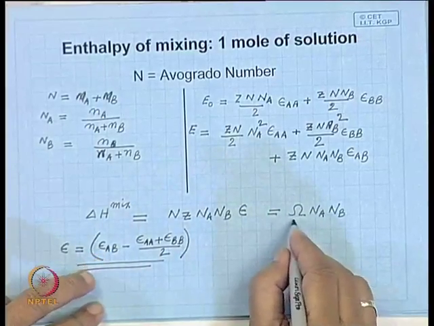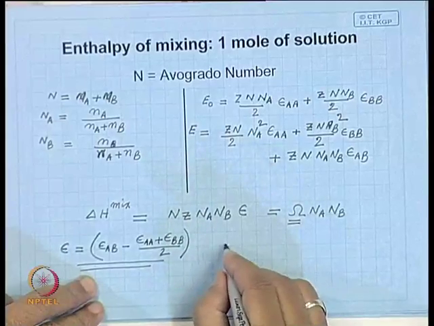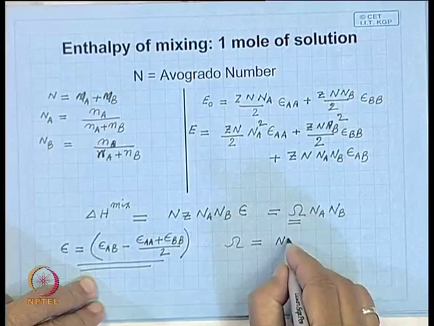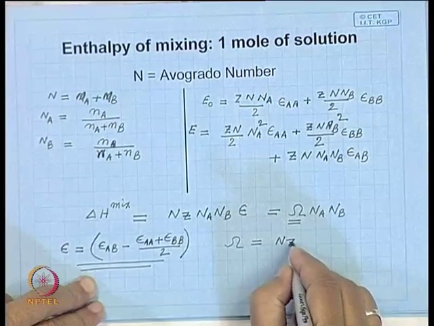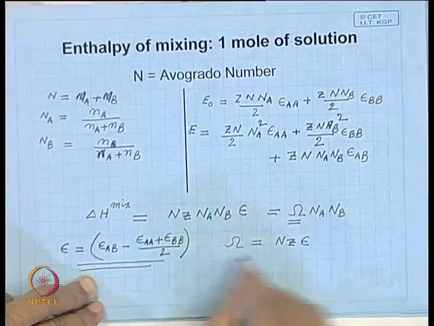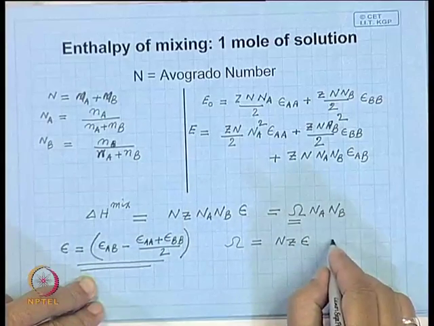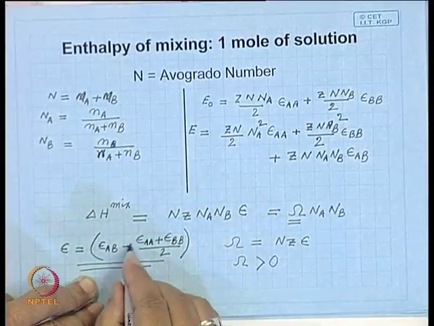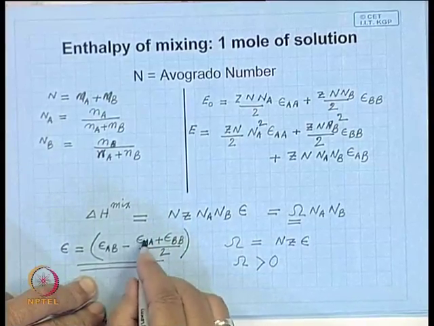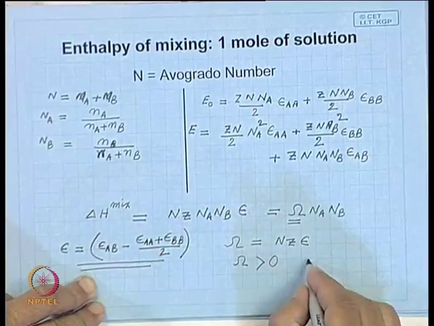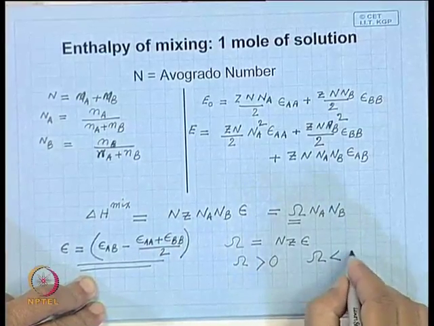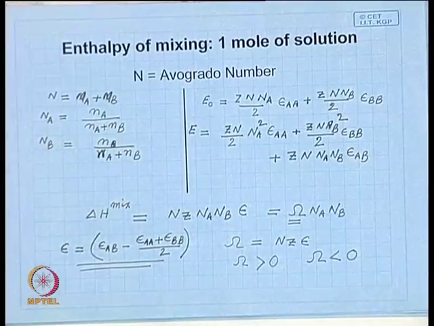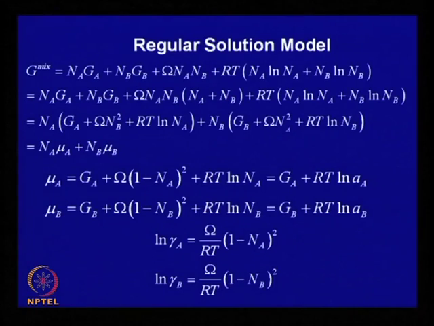In that case, this omega is equal to n z epsilon, and omega is greater than 0. Whereas, if the A type of bond is preferred over AB, in that case this is less than 0. Now, when you have this, how does the free energy composition diagram look?